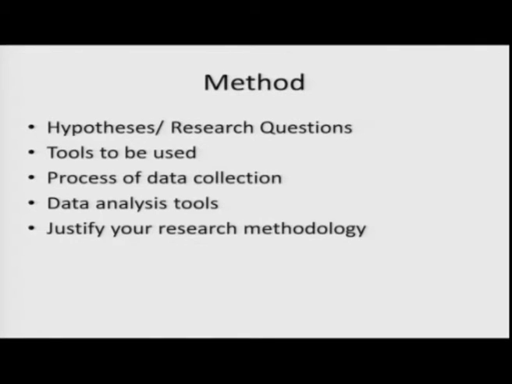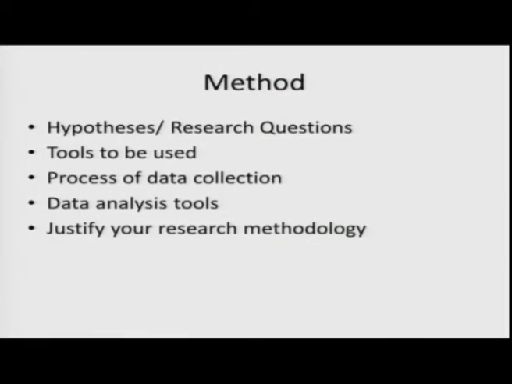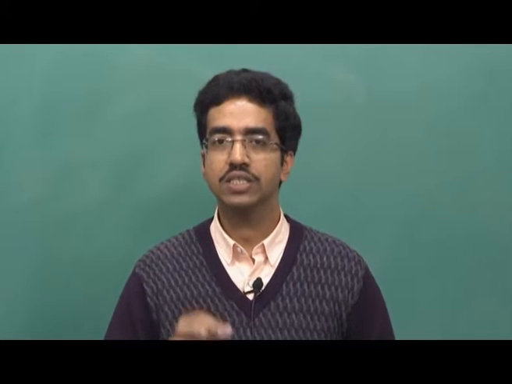The next section is research methodology. So, what are the things you include here? Here you include the following things: hypotheses. These are very specific things. So, for example, if I teach students using this method, their scores on reading comprehension test will increase after 2 months.